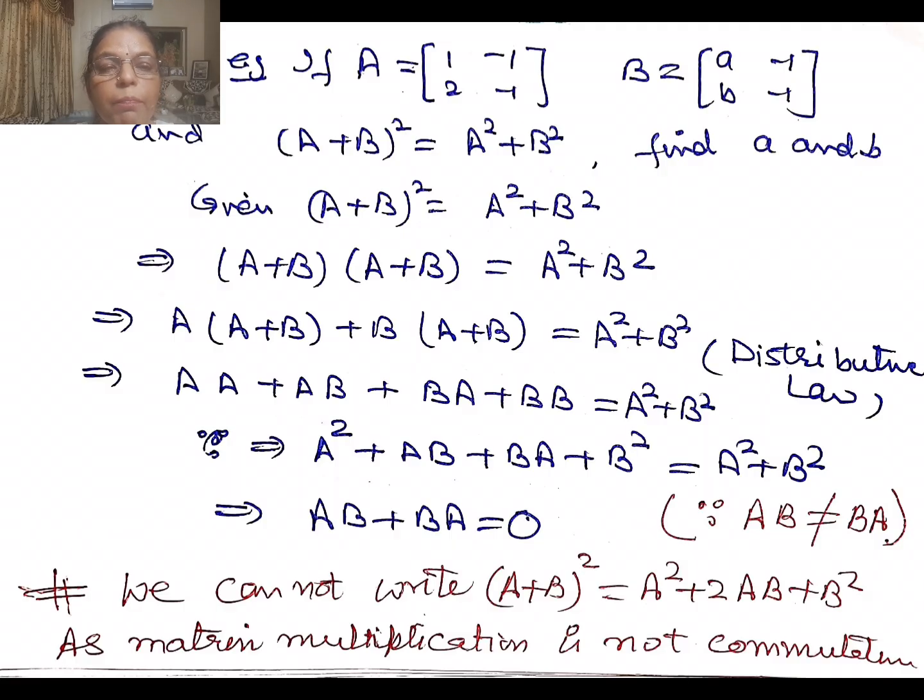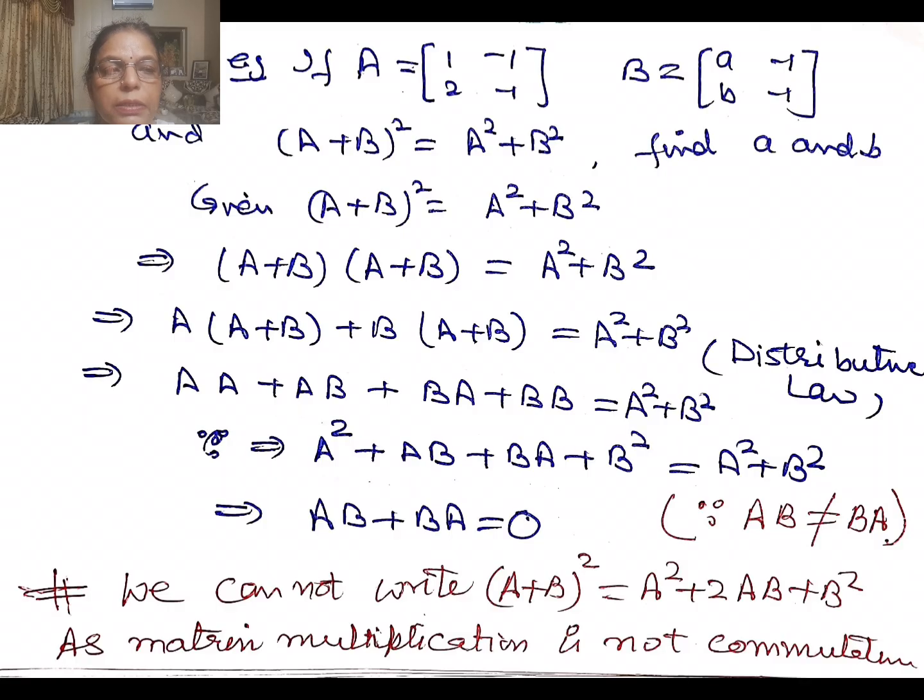As we know, matrix multiplication is not commutative, so we cannot directly apply the result (A plus B) square equals A square plus 2AB plus B square. So we solve it one by one. We apply the distributive law.